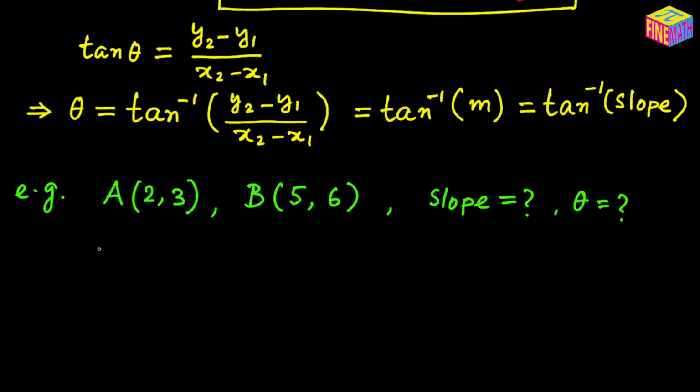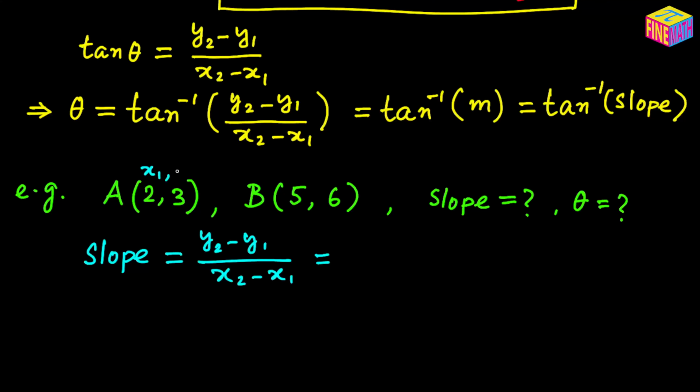Now we know slope is equal to y sub 2 minus y sub 1 divided by x sub 2 minus x sub 1. Let's substitute the values. Here is x sub 1 and y sub 1, and similarly this is x sub 2 and y sub 2.